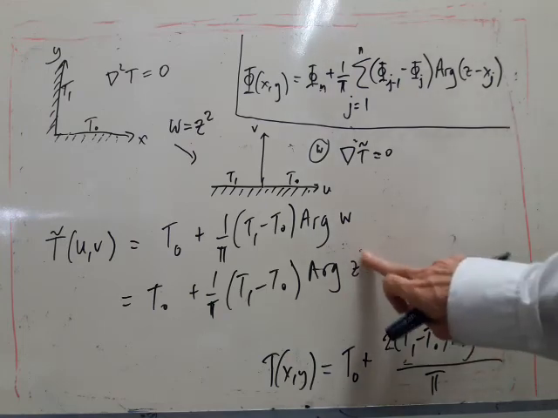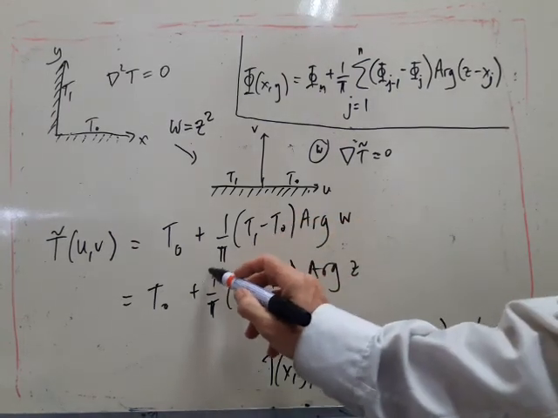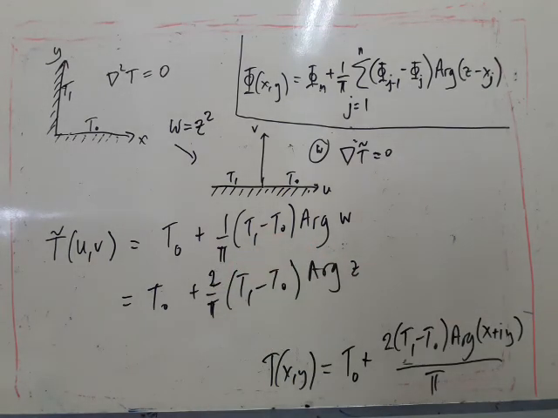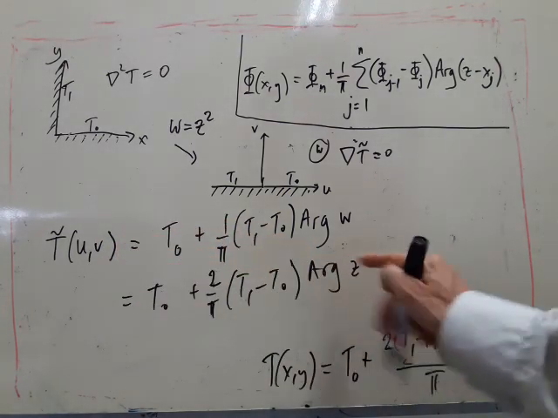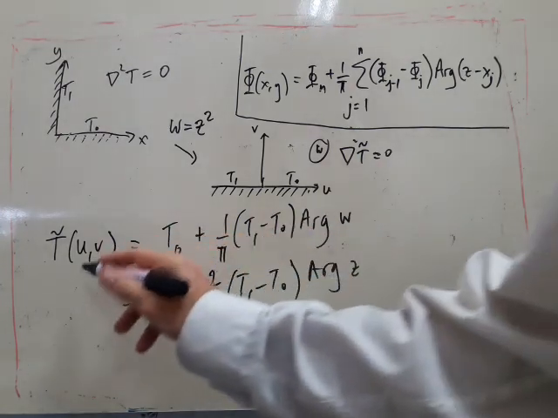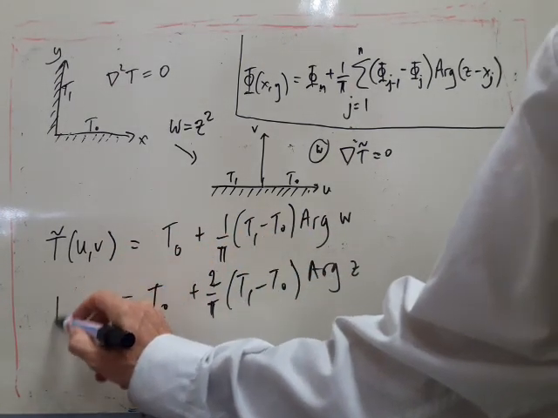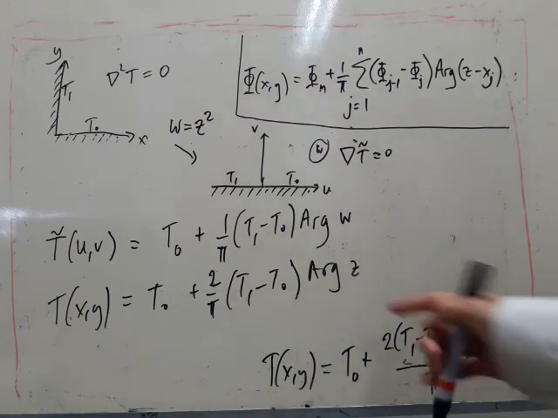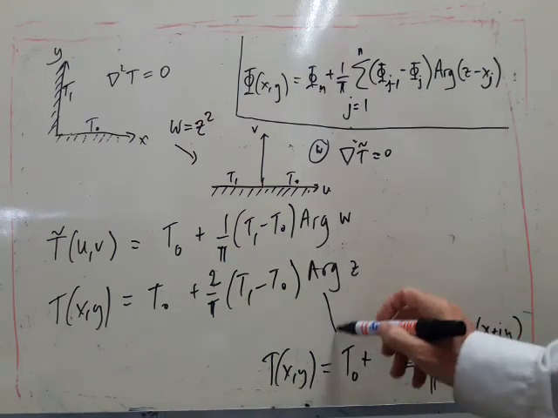So we can move this 2 to outside. And then I should now write things in terms of x and y. I can actually go back and write this as T in terms of x and y. And then this, you can see, is just the same as this.